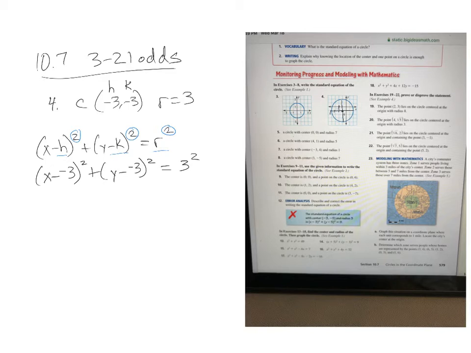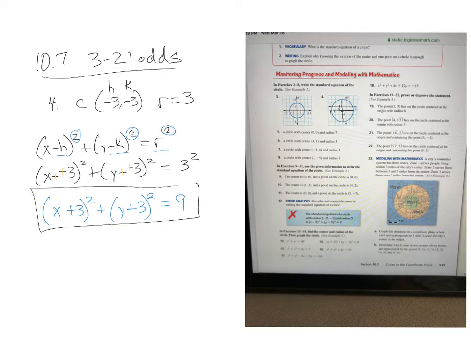You need to simplify this. And when we simplify, what we need to do is do a change. All right, and so my answer is going to be x plus 3, it's still squared, y plus 3, that's still squared, and this becomes 9. All right, and that would be the answer to question number 4 in your book.